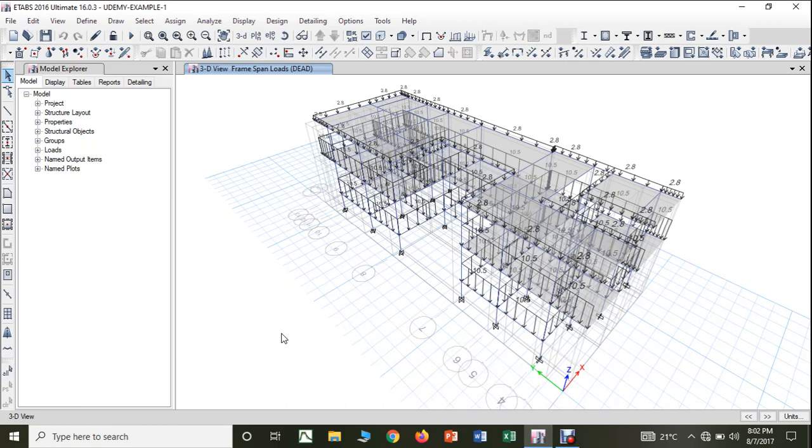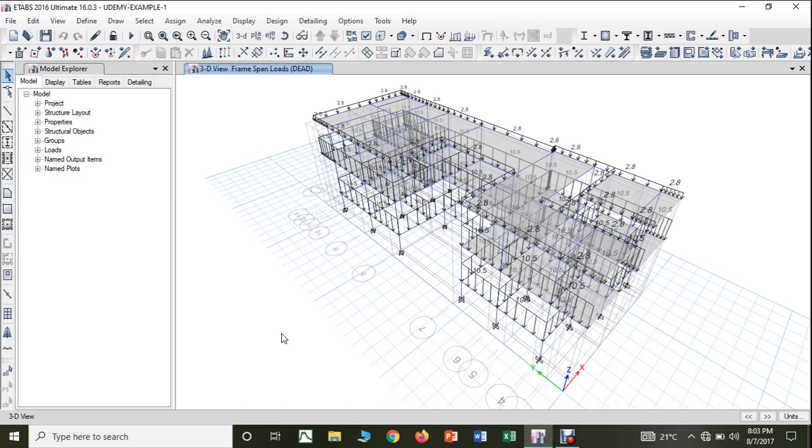So this IS 875 part 1 will give you the different types of materials that you use for the construction. It will give you the data of the unit weight of the material in kilonewton per meter cube.